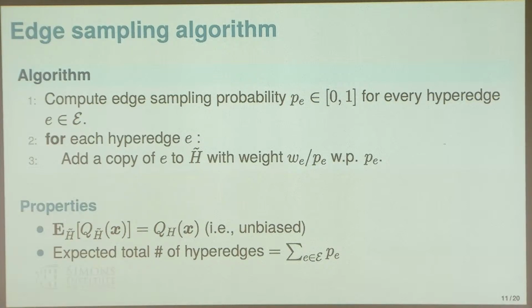If you look at the expected value of the quadratic form of the sparsifier, it is equal to the original quadratic form value. So it's unbiased. And the expected total number of hyperedges is the sum of P, so we want to make it small. Usually weight is bounded by a polynomial in n, so let's not care about the bit complexity of weights.